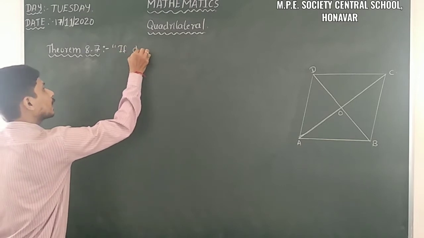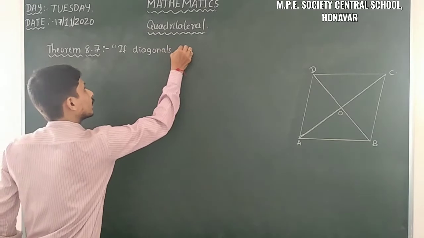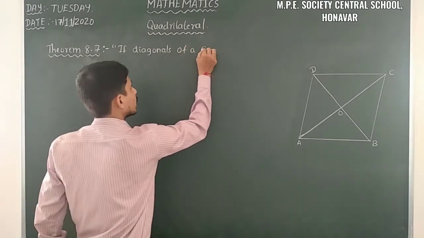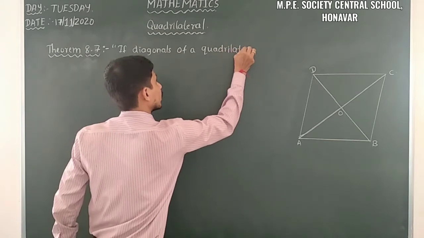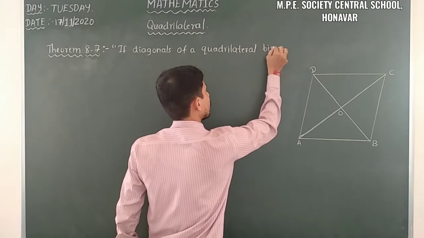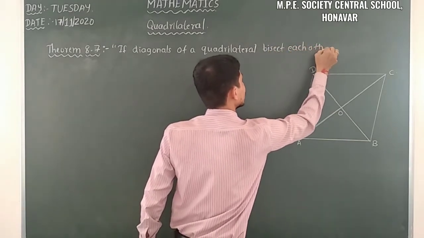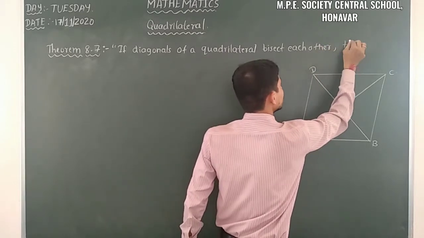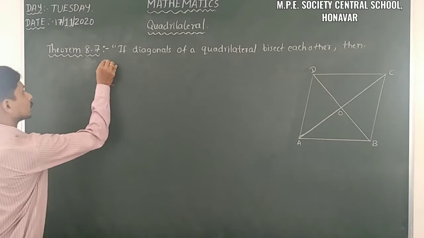if the diagonals of a quadrilateral bisect each other, then it is a parallelogram.